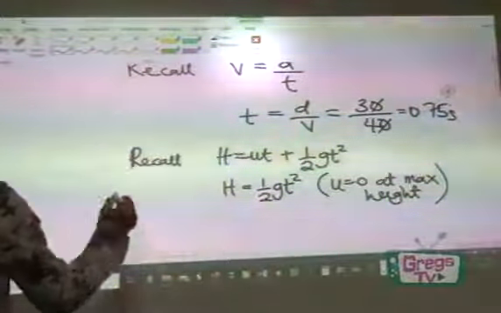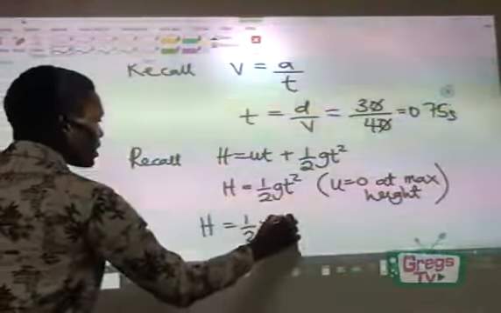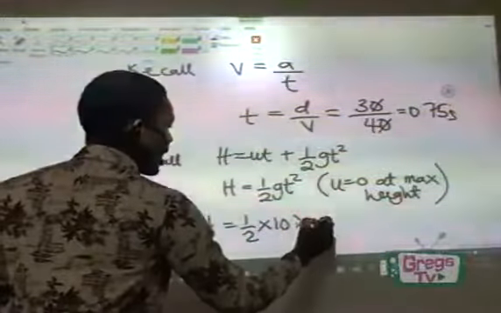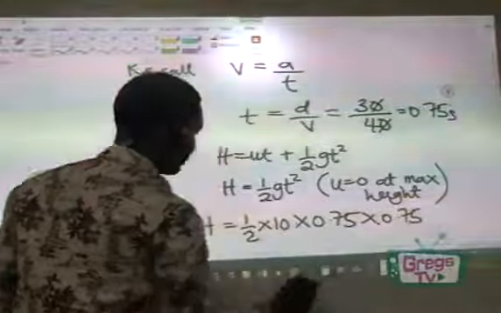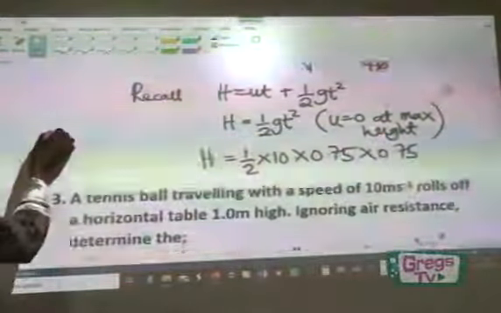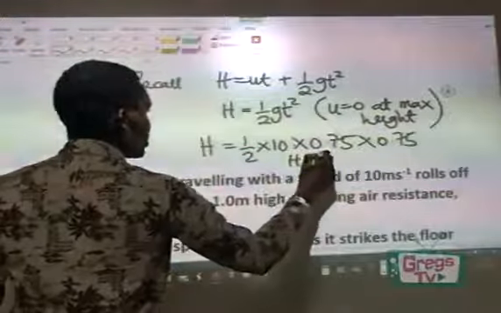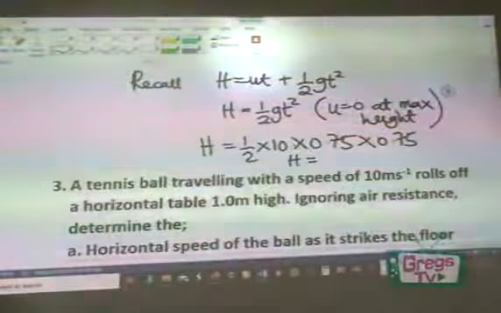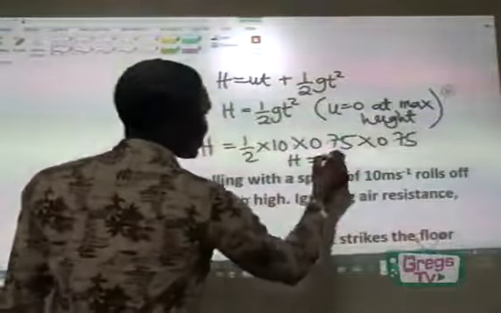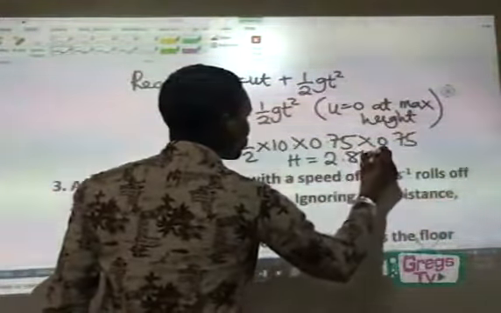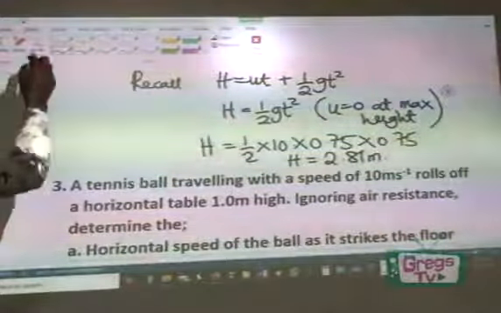That will be half times 10 times 0.75 times 0.75. You can put your calculator into use there, and you will see that h equals 2.81 meters, and that will be our answer.